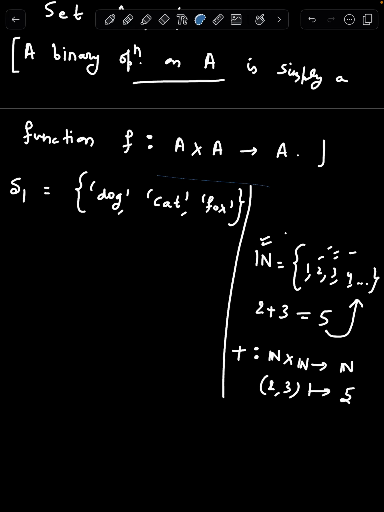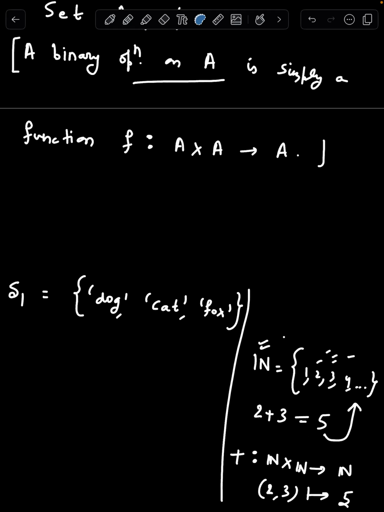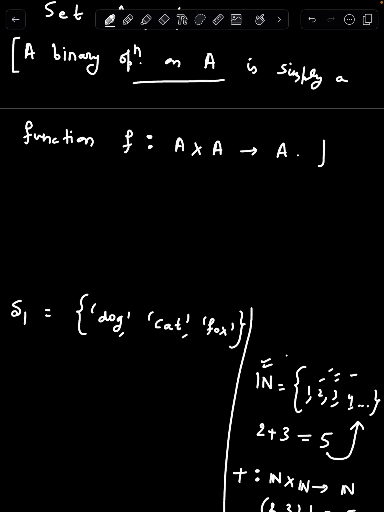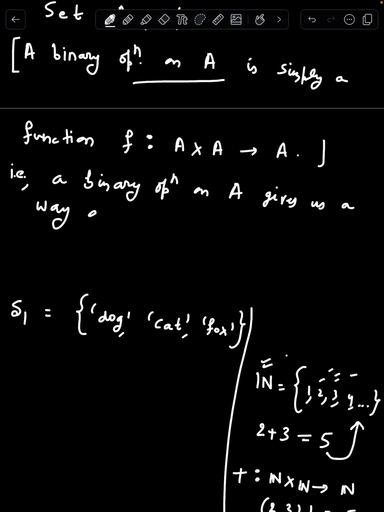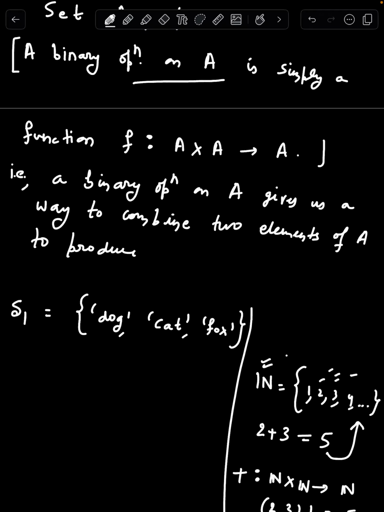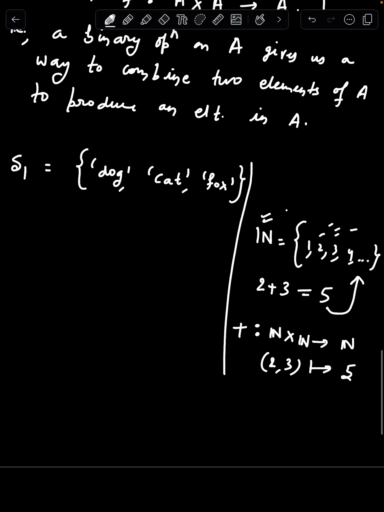So let's take a note of this. That is, a binary operation on set A gives us a way to combine two elements of A to produce an element inside A, right?